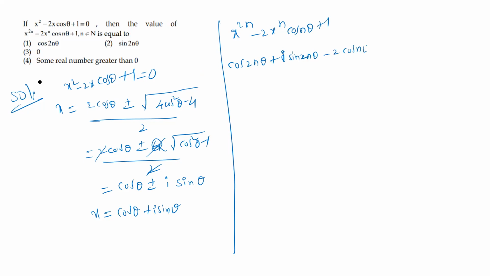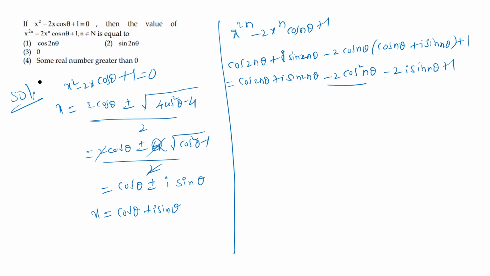Similarly, 2 cos n theta into x power n is cos n theta plus i sin n theta, plus 1. Now, okay, cos 2n theta plus i sin 2n theta minus 2 cos square n theta minus 2i sin n theta cos n theta plus 1.